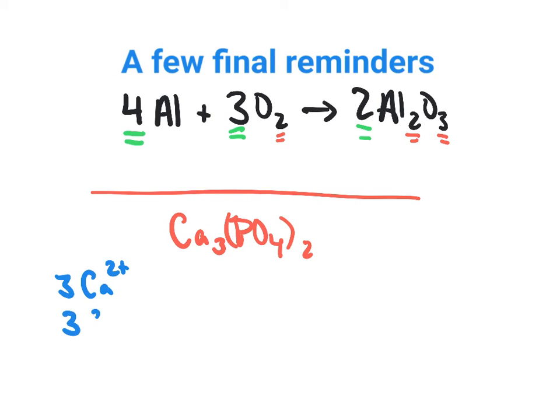We also have 3 calcium atoms. We have 2 PO4 3- ions, but we have 2 phosphorus atoms and we have 8 oxygen atoms. If you don't remember how to count that, just remember it's a multiplication problem. So 2 times 4 is 8. That's just a few fun reminders on subscripts, coefficients, and counting atoms, but most of this is relatively easy and should be reviewed.